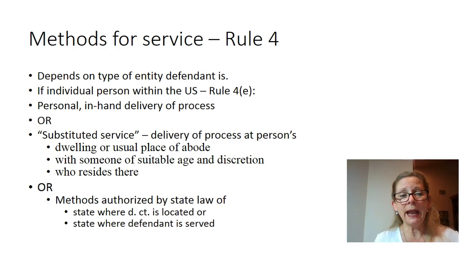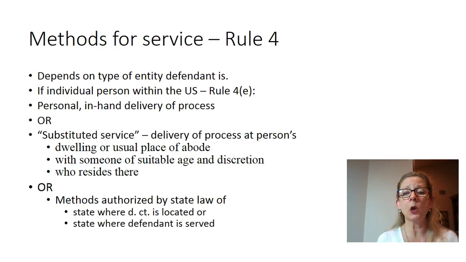Now, if you can't comply with either of those two methods that are set forth in the federal rules for service of process on an individual person, then the federal rule also under 4(e)(1) incorporates the methods of service that are authorized by state law of either the state where the district court sits or the state in which the defendant is served.